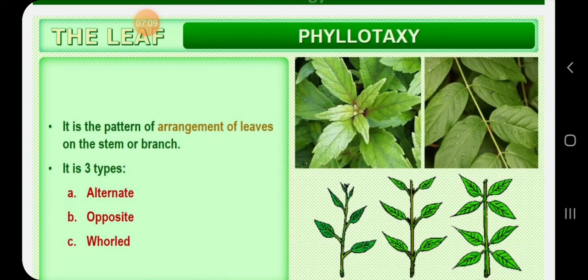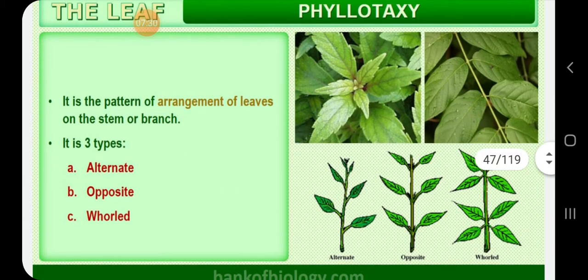Phyllotaxy. This is the pattern of arrangement of leaves on the stem or branch. This is called phyllotaxy. It is of three types: alternate, opposite, whorled.